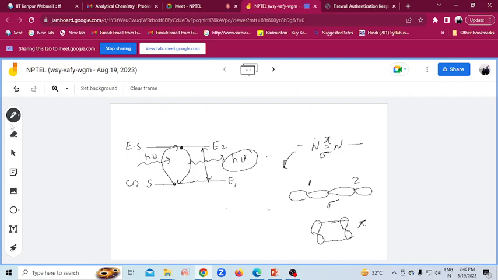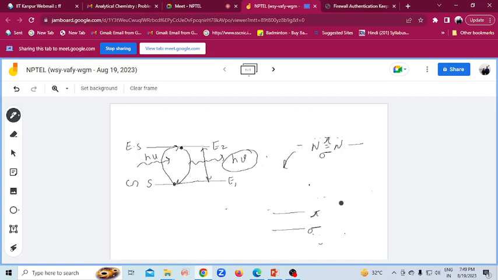Now if we make a molecular orbital diagram, first of all there is the sigma bond, then the pi bond, and here we can see that nitrogen also has one lone pair.